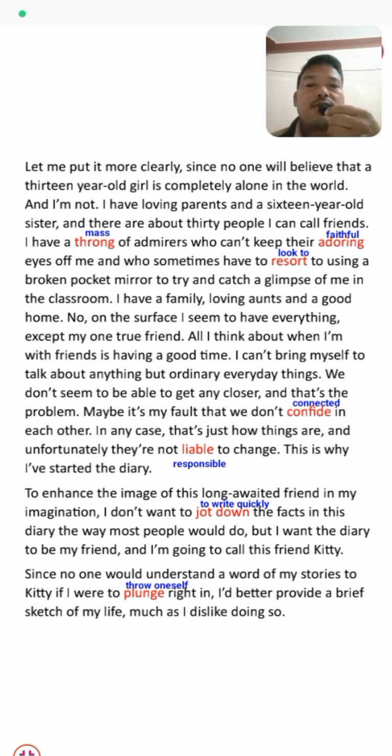I have a string of admirers who can't keep their adoring eyes off me, and who sometimes have to resort to using a broken pocket mirror to try and catch a glimpse of me in the classroom. Throng, students, means a mass or crowd, and adoring means faithful. She says she has a crowd of people who always admire her.